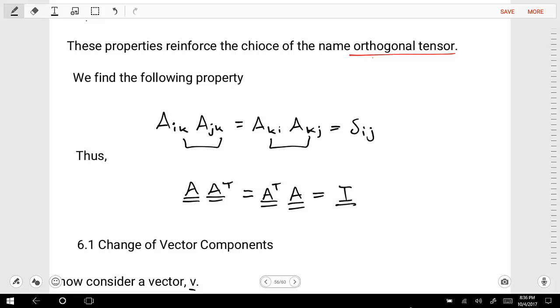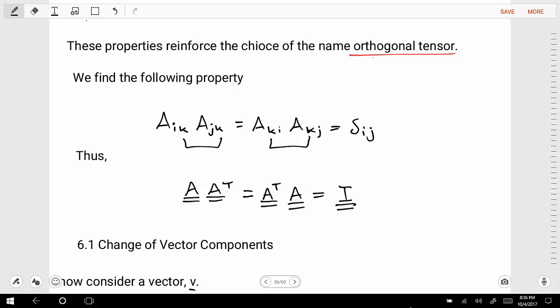We can exploit this identity, A transpose A, and we'll see in later sections that we use this to help simplify the operations of our equations, particularly in the deformation problems, because we can regress back to a simple identity tensor, which is easy for us to operate with, right?